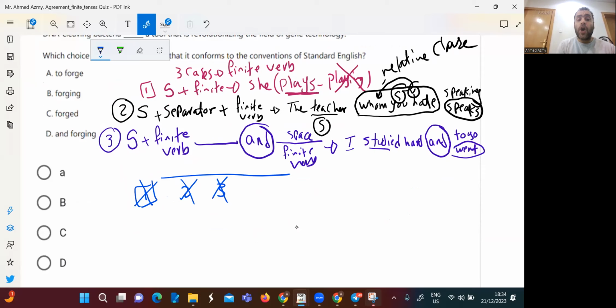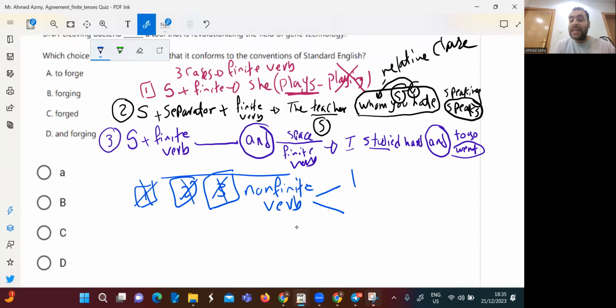If you don't have one, subject plus finite, two, subject separator finite, or three, subject finite and finite, you need to choose a non-finite verb. Non-finite verbs can be to plus verb or comma plus ing. When? If you have a comma, choose non-finite ing.